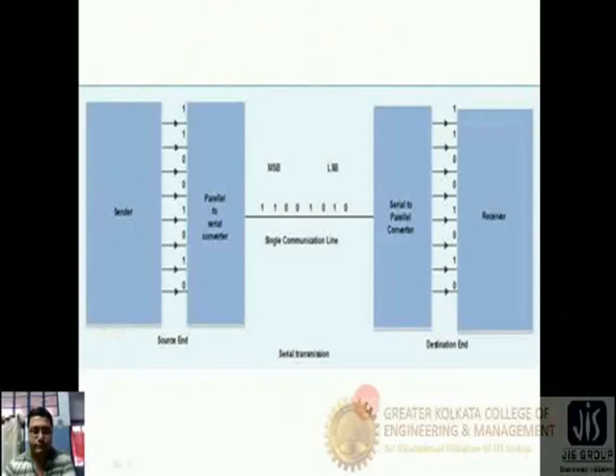That means with the help of this parallel to serial converter we can convert this parallel data to the serial transmission system, and at the receiver end we do the reverse process, that means serial to parallel conversion takes place, and we can receive this parallel data and send this signal to the receiver.